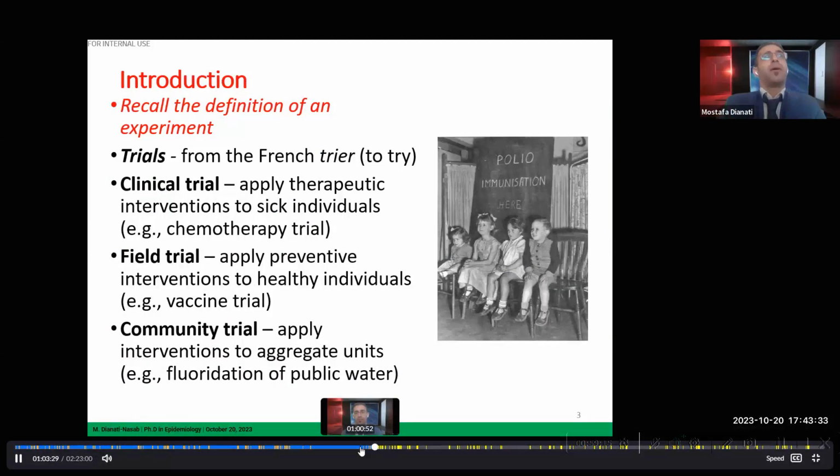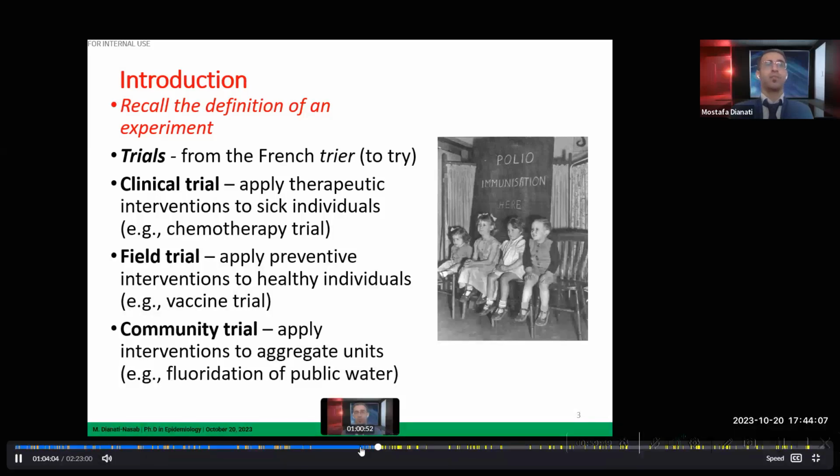Let's speak about trial and clinical trial. This is one of the best and top studies in the world. Trial came from the French trial, which means try. So we have clinical trial, which means applying therapeutic interventions to sick individuals. For example, you are going to see the effect of chemotherapy on the patients.